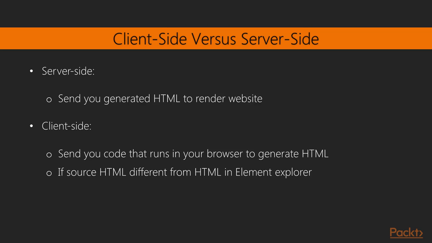Now at this point, it's important to mention that there are two different kinds of websites. Server-side websites generate the HTML that makes up the whole website over at the server, and then they send you the HTML already generated. Client-side websites, on the other hand, will send you some of the HTML, but they're also going to send you code that then runs on your browser, which generates the rest of the website on your own computer, as in the client.